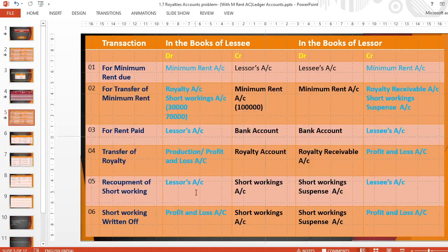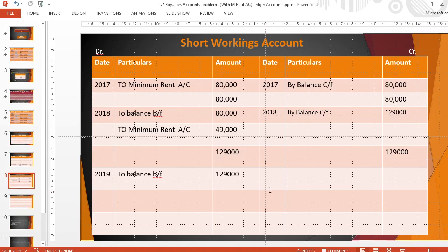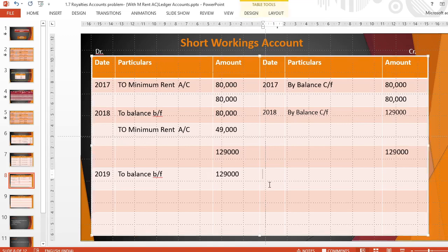So in the short workings account, we need to credit the entry, by lessers account. Here the lesser name is B Limited's account. So we have recouped only 19,000 rupees.